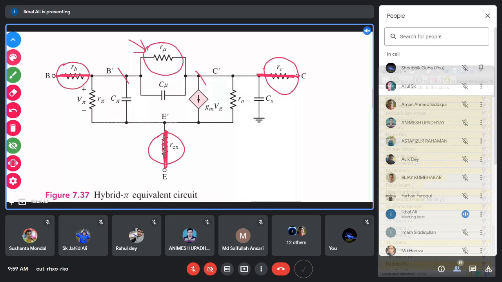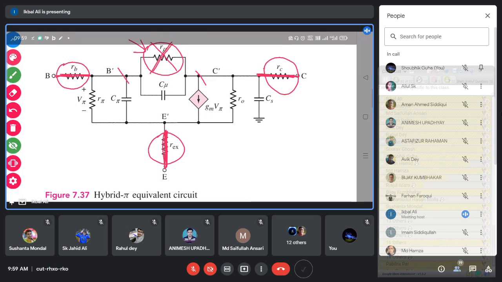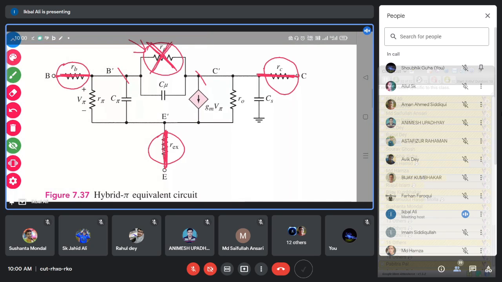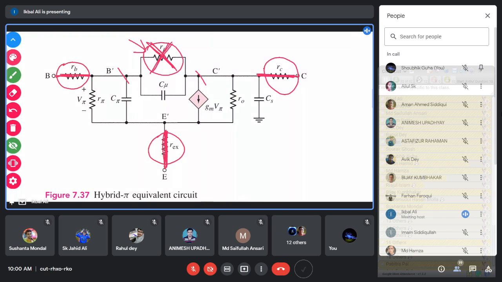As if it is an open circuit, the resistance is so high, close to infinity, that you can disconnect it. So you can discard R mu from the equivalent circuit.